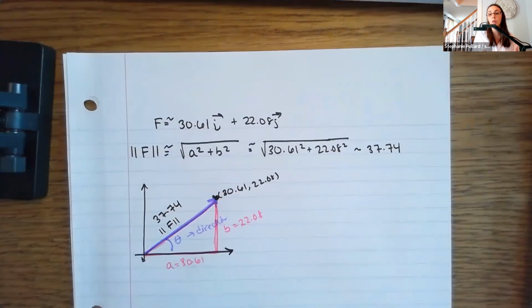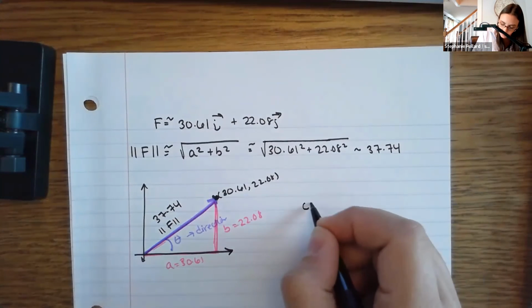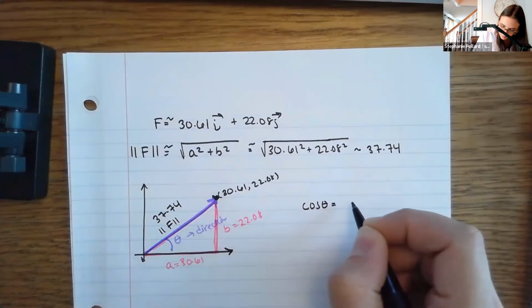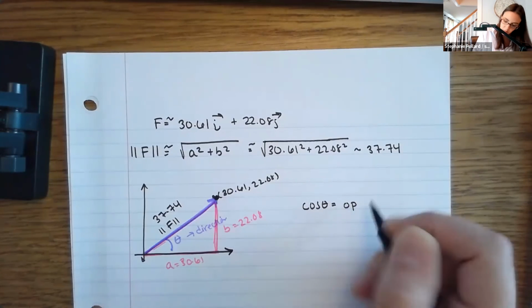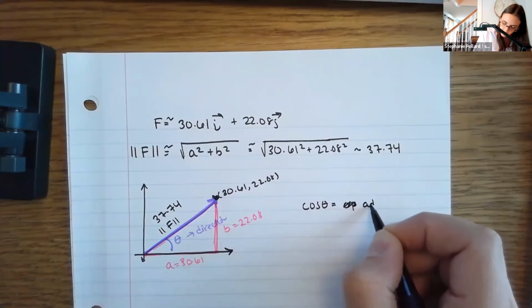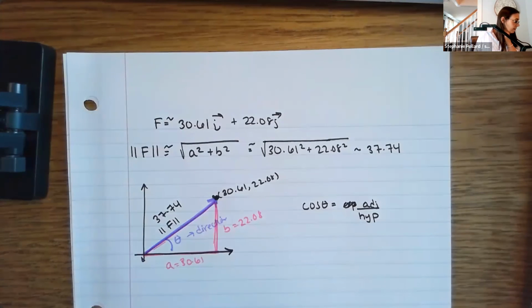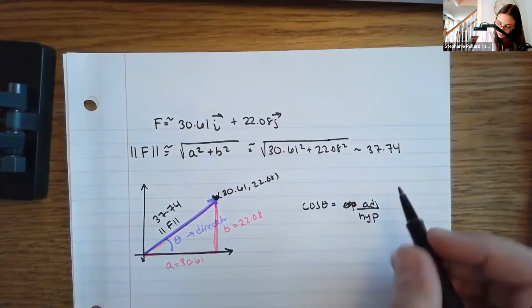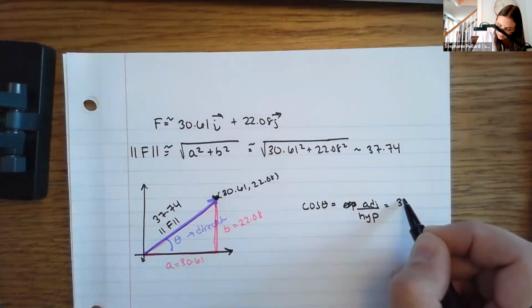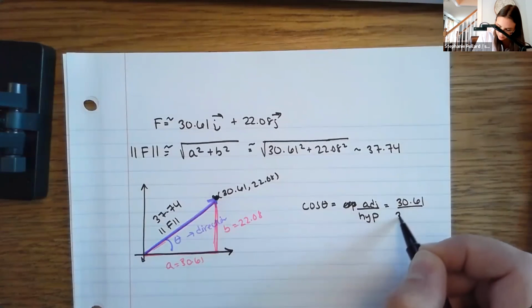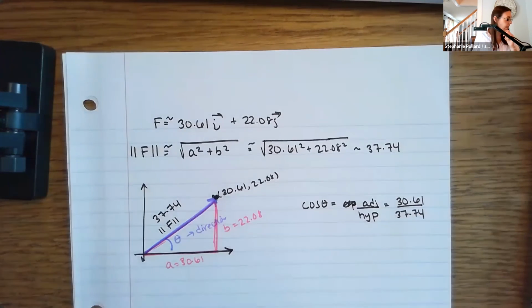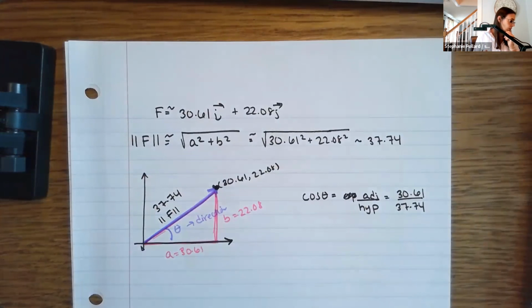So we can use trig, and there are different trig functions that you can use. Here I'm going to use cosine. So cosine theta is equal to the adjacent over the hypotenuse. Here our adjacent is 30.61, our hypotenuse is 37.74, and then I can go ahead and use the inverse, right?